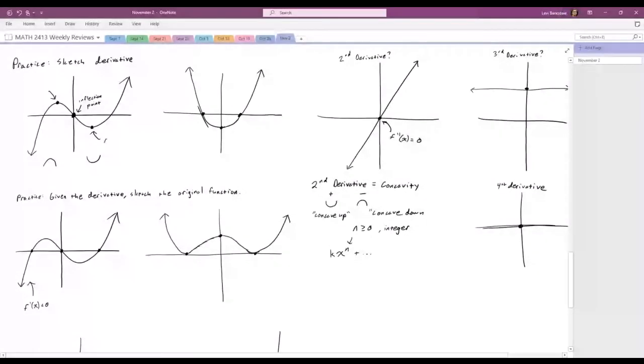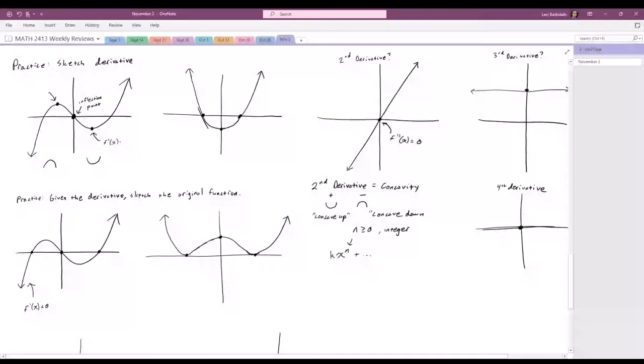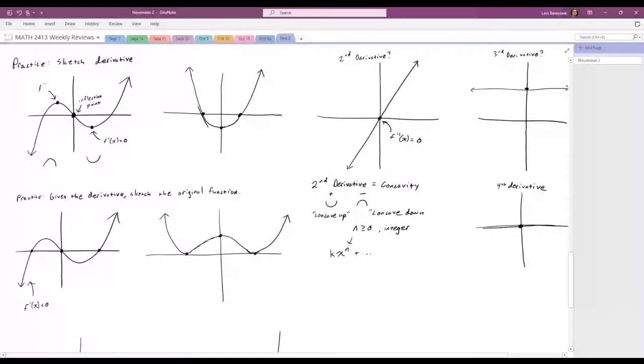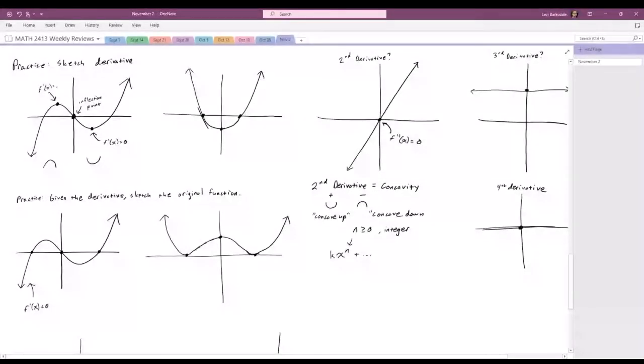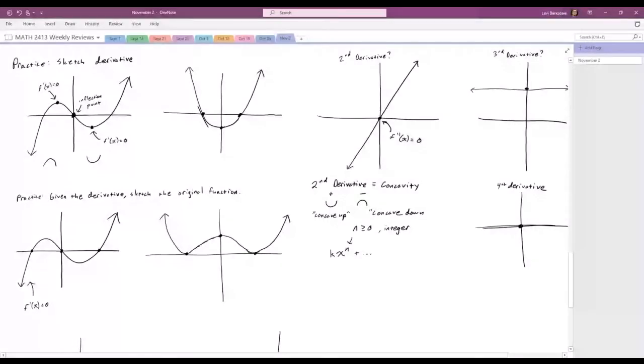At each of these, we have that our derivative is equal to 0 because our slope is equal to 0. Well, if we wanted to figure out which one is a maximum and which one is a minimum, we can use the second derivative test to figure that out. Essentially, you'll notice at our maximum, we are concave down. At our minimum, we're concave up. This is actually always the case.